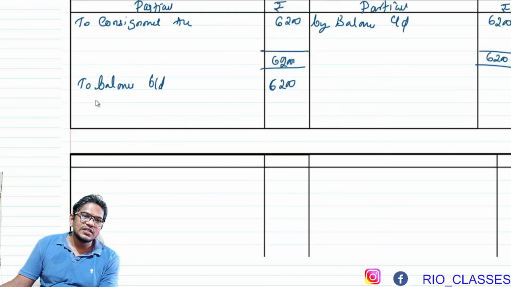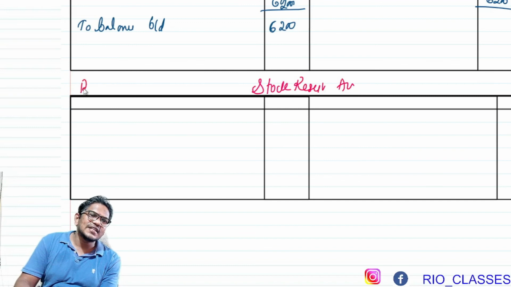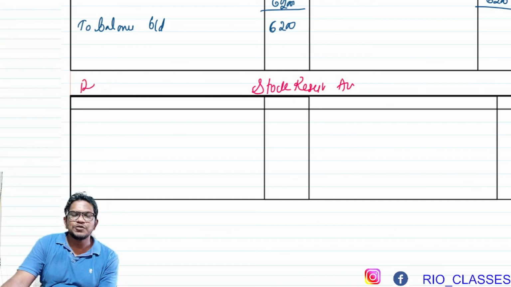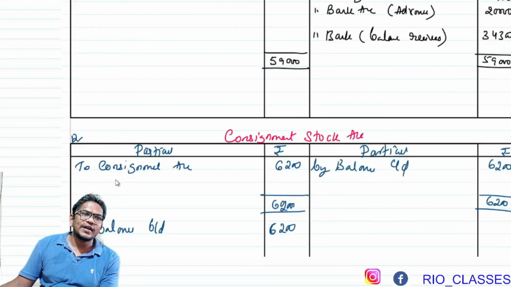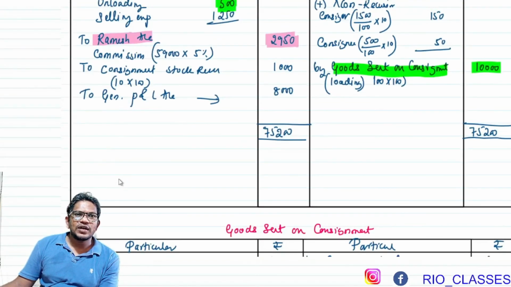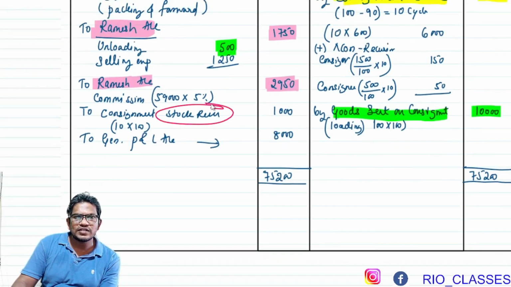And the last is the stock reserve account. We have to prepare the stock reserve account. That is also a very easy problem, guys. The only thing is that if you know the consignment account, the remaining is easy. I'm sure you can do it. So for the stock reserve, just go to the consignment account again. Just have a look where we have mentioned the stock reserve. This is the stock reserve, right? This is the stock reserve 1,000.